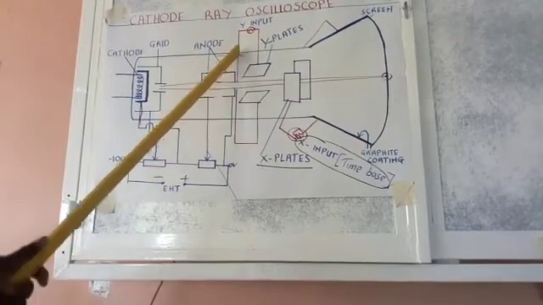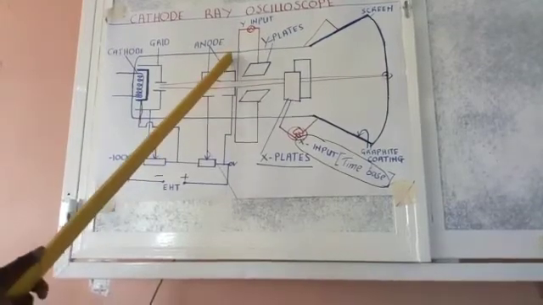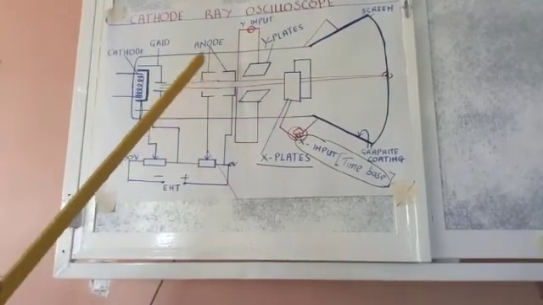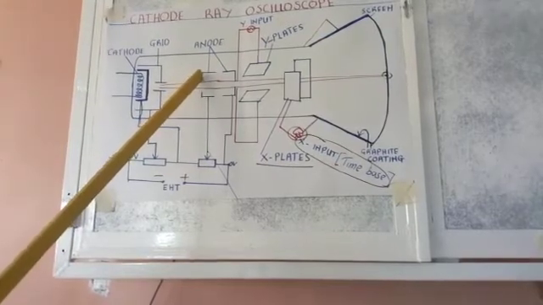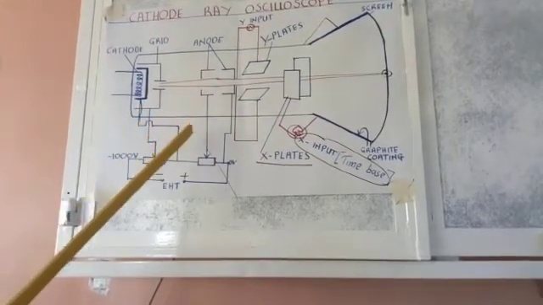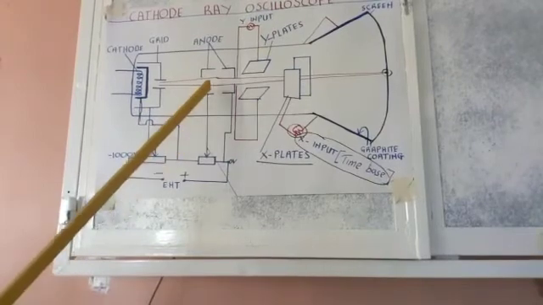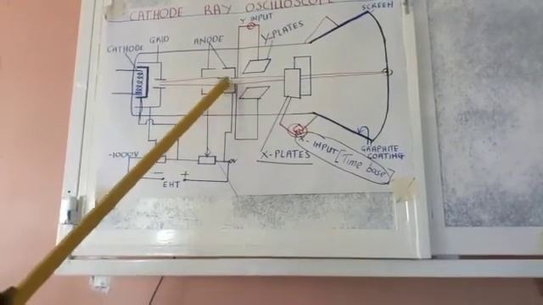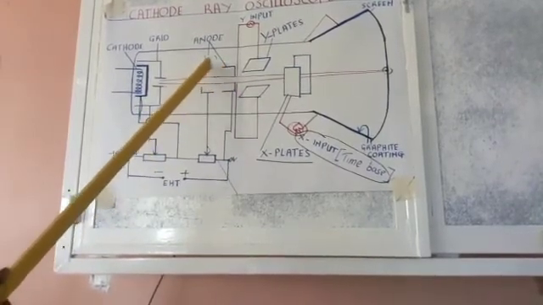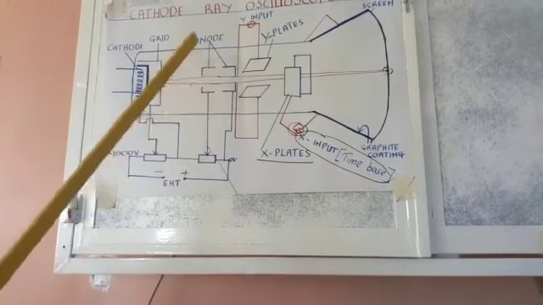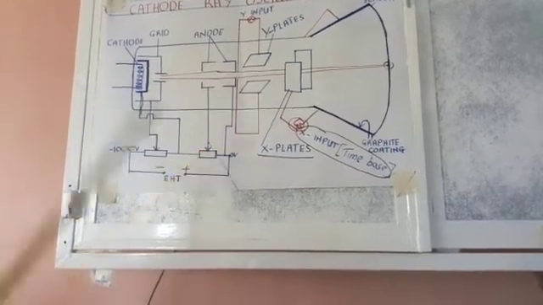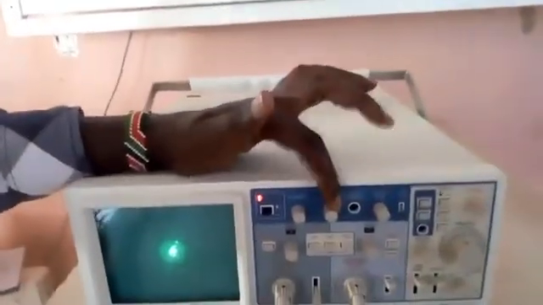When we make this one to have a very high voltage compared to the plate which is closer to the cathode, then the beam is highly focused due to the electric field that will be created between the two plates. This potential divider is controlled by the focusing knob on the control panel.